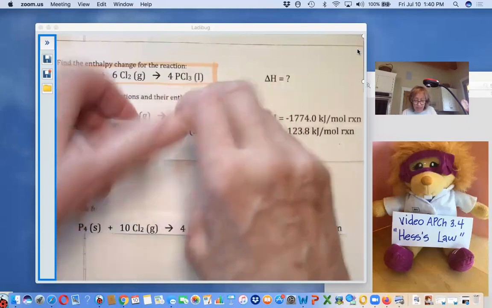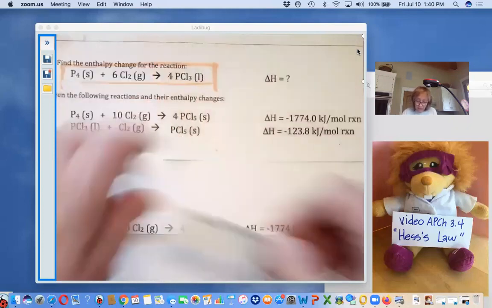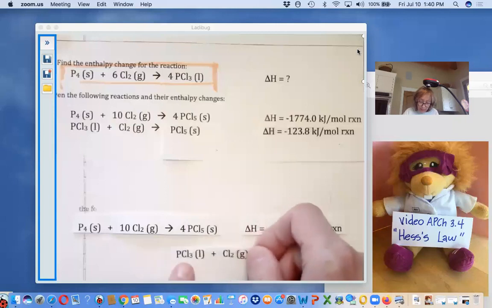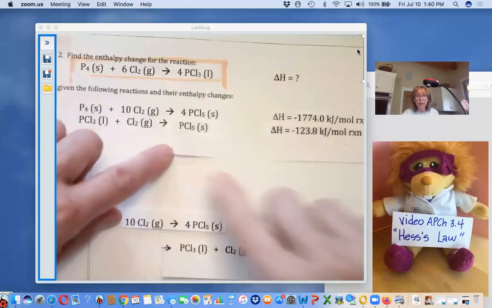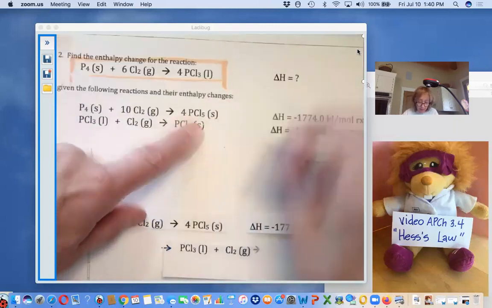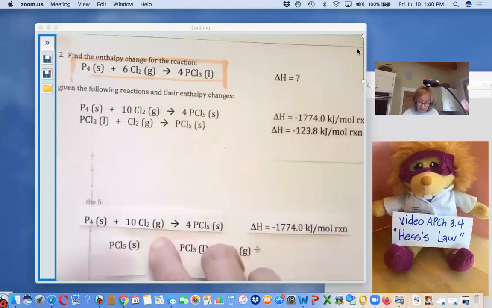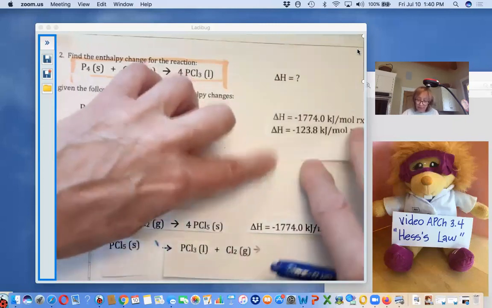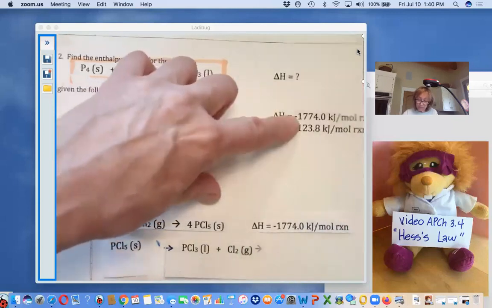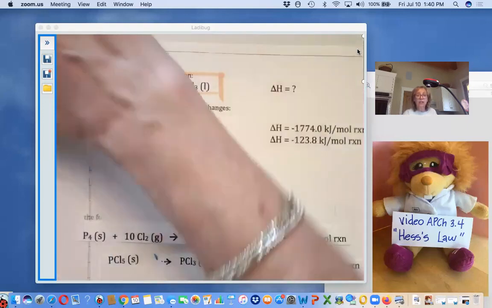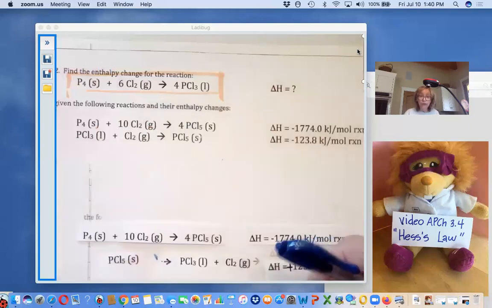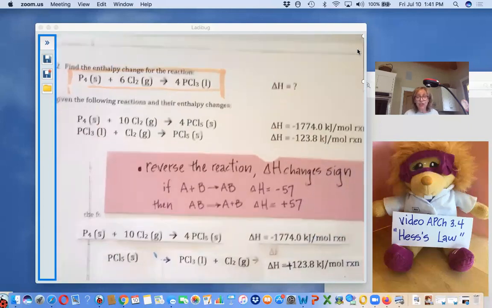I'm going to make my reactants on the product side, and put my product on the reactant side, which means my delta H has to change its sign. Whenever you reverse a reaction, delta H changes sign.